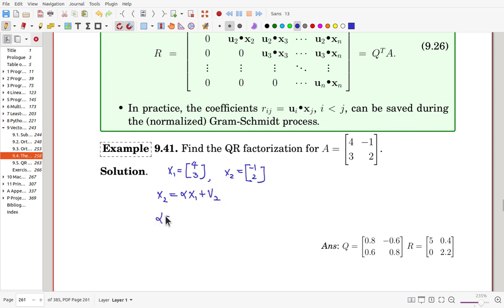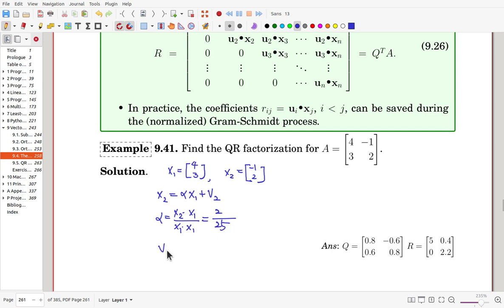Where alpha must be x2·x1 divided by x1·x1. The dot product x2·x1 is -4 plus 6, which is 2, divided by x1·x1, 16 plus 9, which is 25.